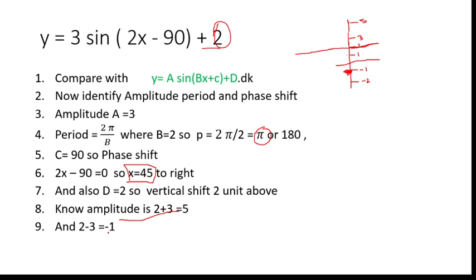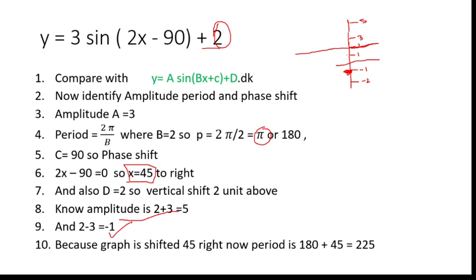This is the formula for finding the amplitude. Because the graph is shifted 45 degree right, and our original period is 180 degree, you just add 180 plus 45, and now your graph extends to 225 degree, because you are shifting 45 unit right.